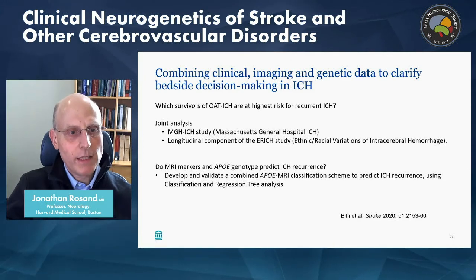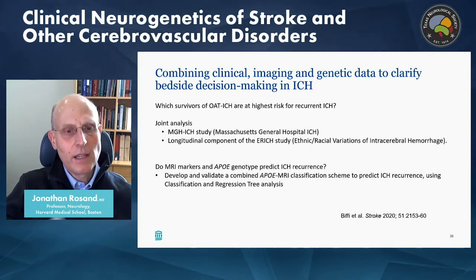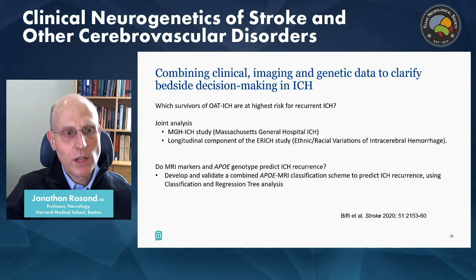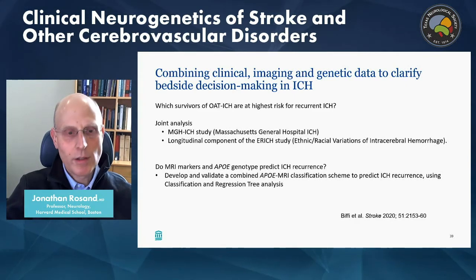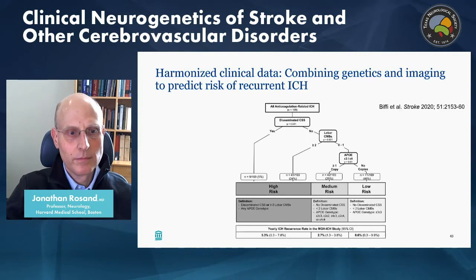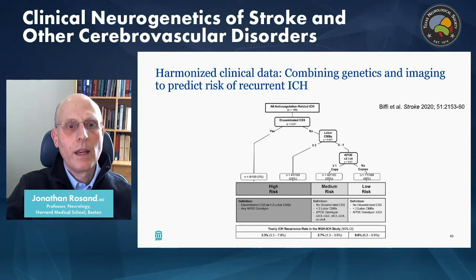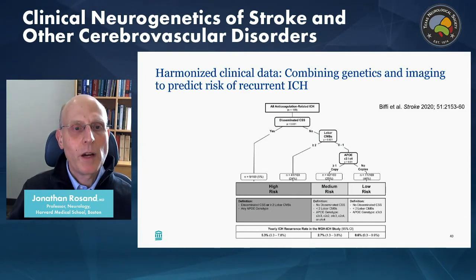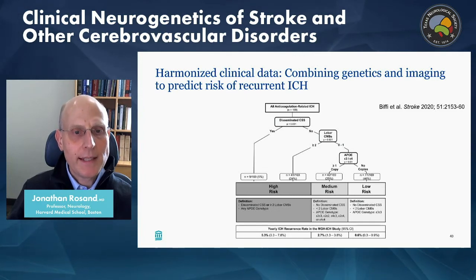So we developed and validated a combined genetic and imaging classification scheme, in this case ApoE genotype and MRI classification, to predict ICH recurrence using CART regression. What you see here is we took 169 survivors of anticoagulation-related hemorrhage and began to analyze MRIs.